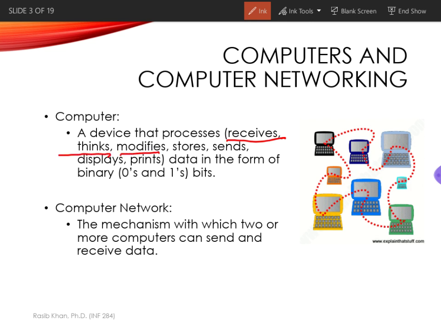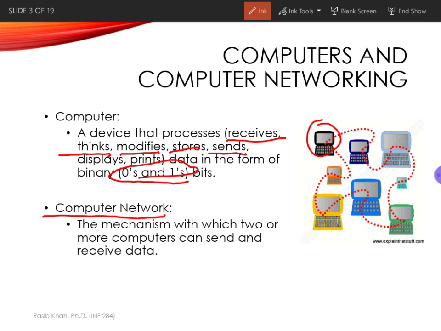It receives, thinks, modifies, stores, sends computer bits, and bits are basically zeros and ones in streams of data. On the other hand, a computer network is basically the mechanism by which two or more computers can send and receive data in the form of zeros and ones.